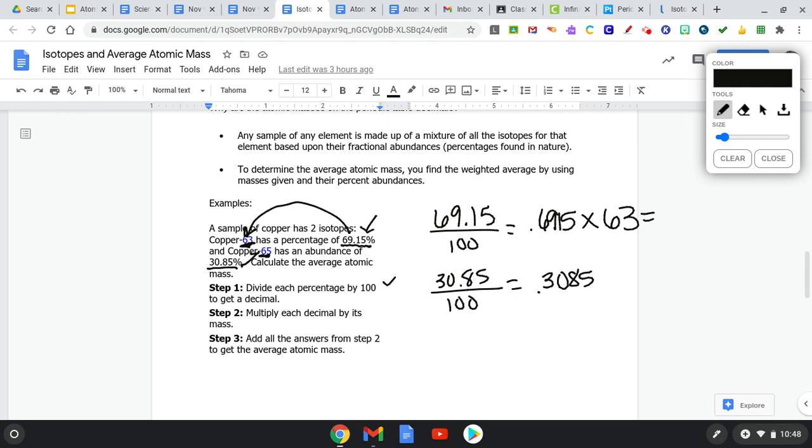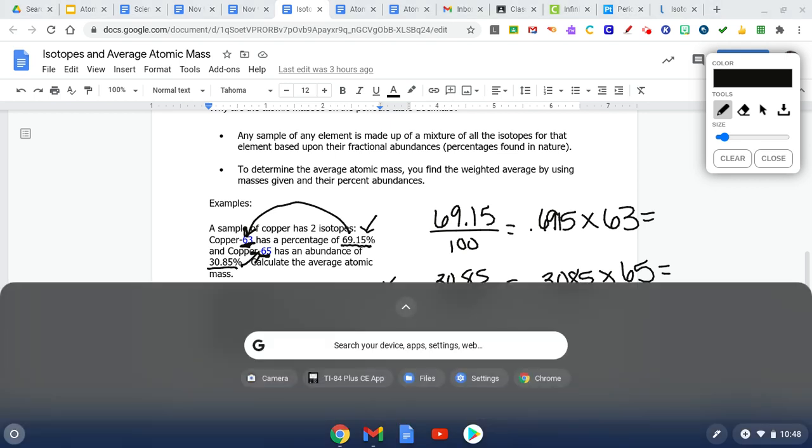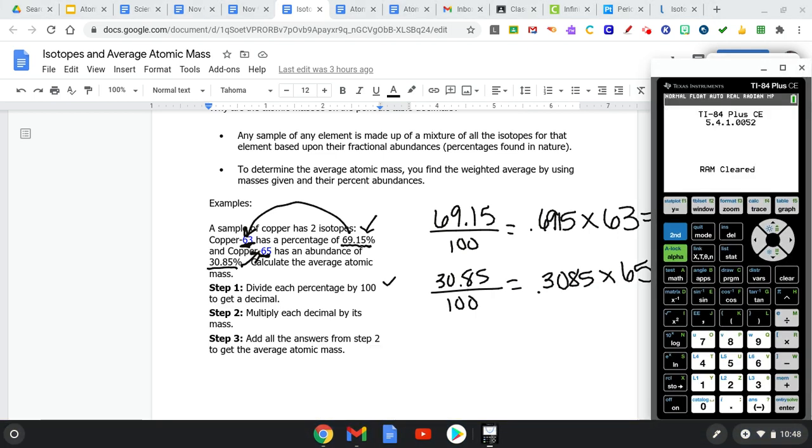And this percentage has that mass, so I'm going to multiply this by 65. Okay, and so then when I do that, let me pull up my calculator. So I'm going to take 0.6915 times 63, and my first answer is 43.5645.